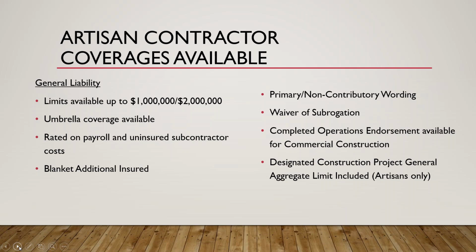So again, on the artisan contractor, if you have uninsured subcontractor costs, include that with your payroll under the artisan program. And then insured subcontractor costs are rated for, but it's separately classified. So you're basically treating the uninsured subcontractor like an employee, essentially.